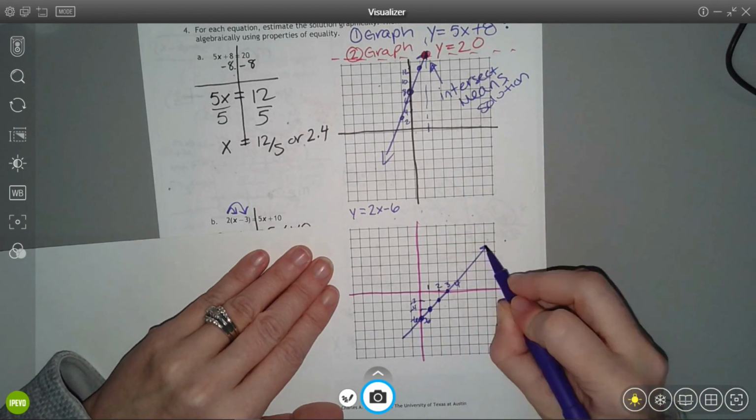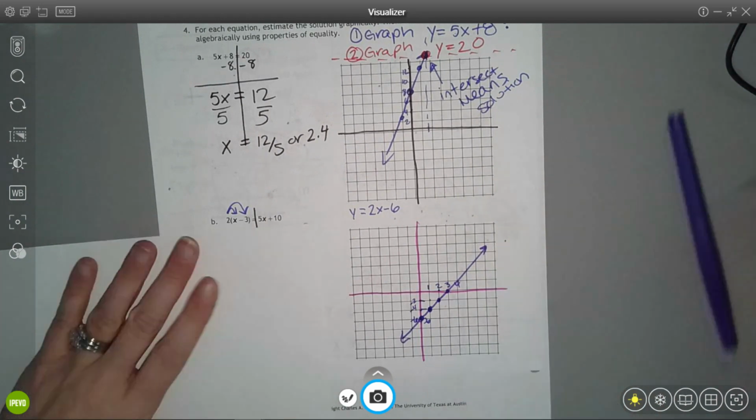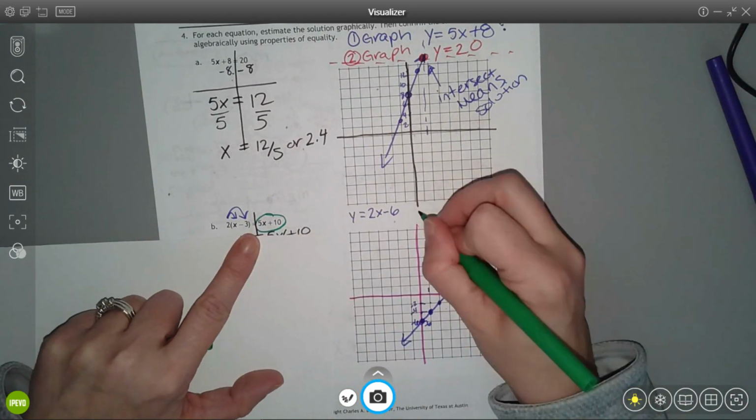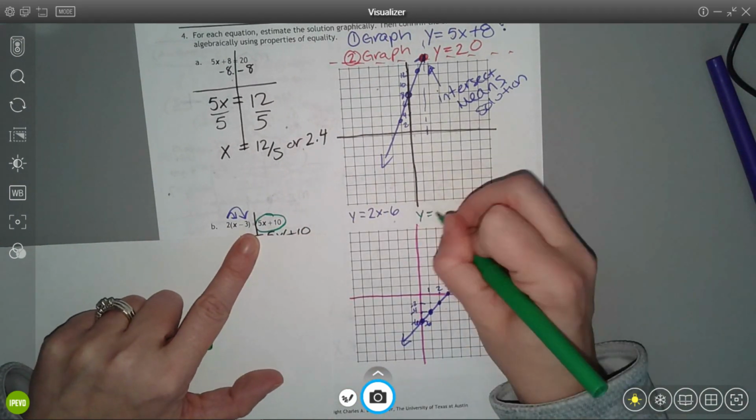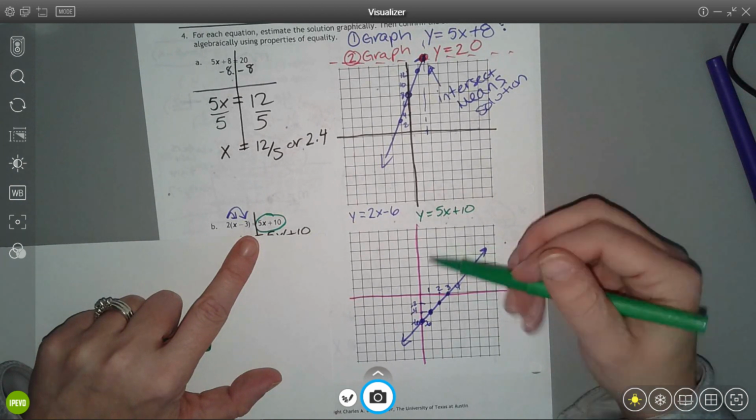Now what I'm going to do is choose a totally different color to do this second equation. My second equation is going to be y equals 5x plus 10. So I have an intercept of positive 10: 2, 4, 6, 8, 10. And here my slope is 5 over 1.